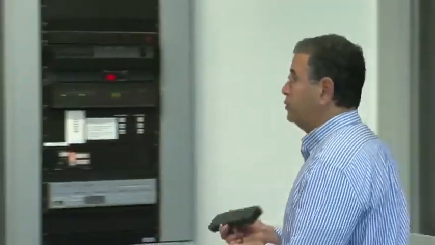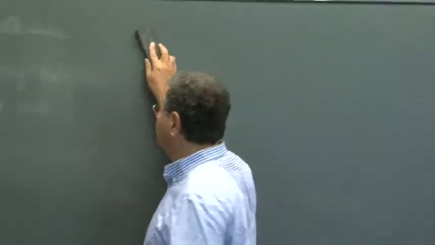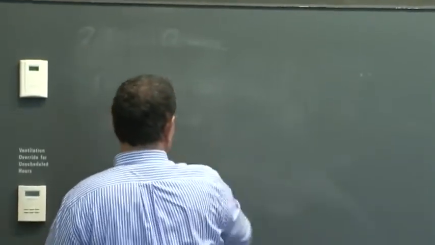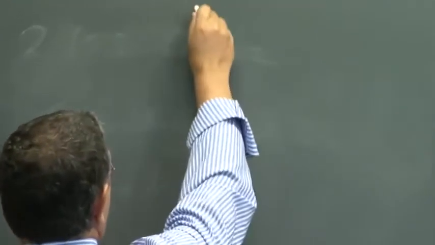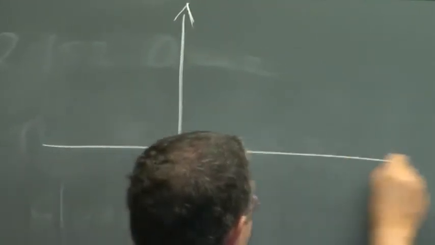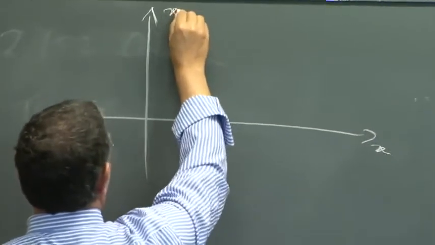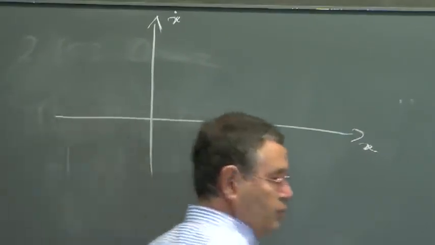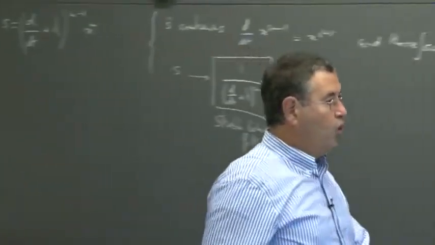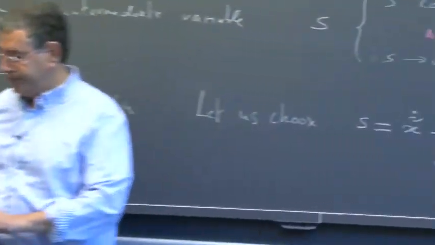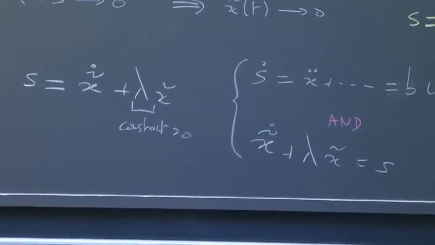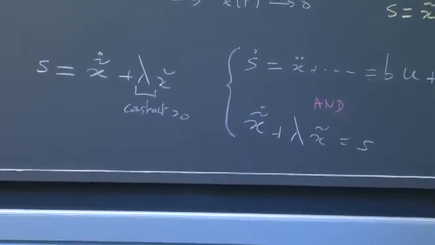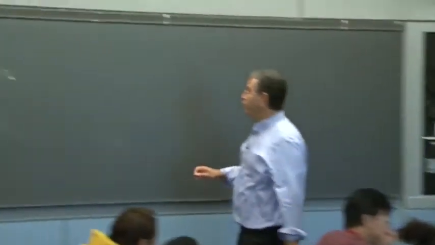So suppose we have a second order system with this choice of S. What does S equals 0 represent in this plane x, x dot?